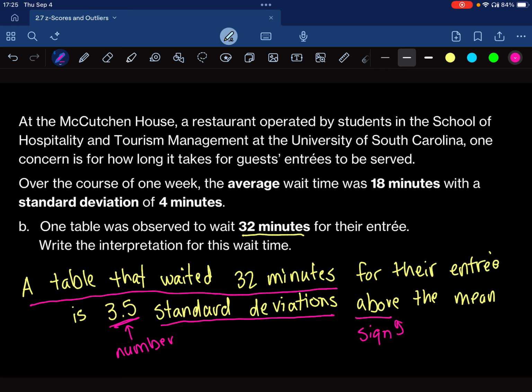Since the z-score was positive, we know that it's above the mean. And then that's the other thing I'm looking for at the end, is that it'll at least say mean or average. So that's how we will always interpret these. So give me some context, tell me the number, and that's in terms of standard deviations. Then you'll tell me about the sign, whether it's above or below, and then add in the word average or mean at the end.